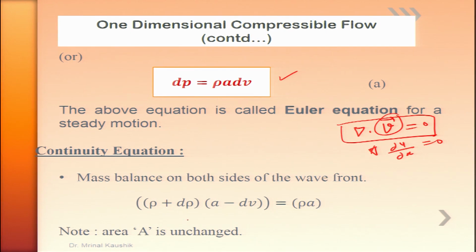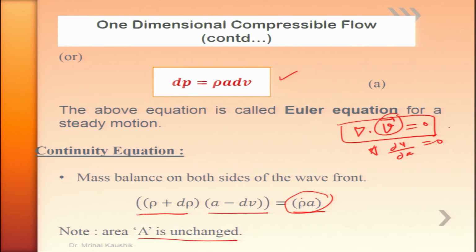The same thing is applied here, and this leads to the density multiplied by the velocity at the downstream end being equal to that at the upstream. In this continuity application, on the downstream side rho plus d rho is my density and A minus dV is my velocity, whereas upstream it is the density multiplied by the velocity. If you simplify, note that A remains unchanged.